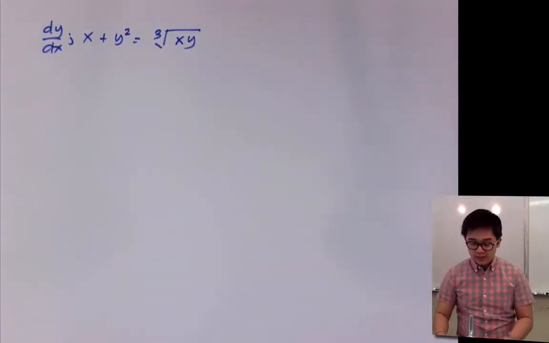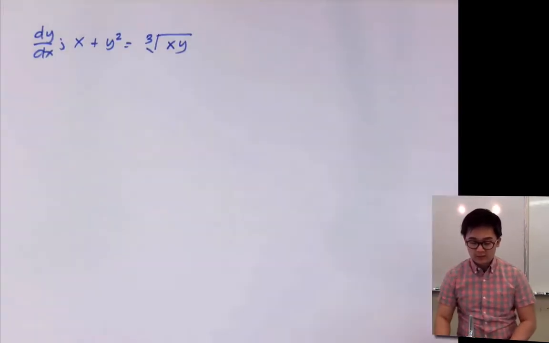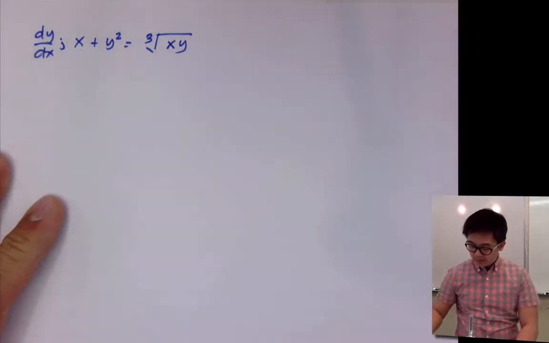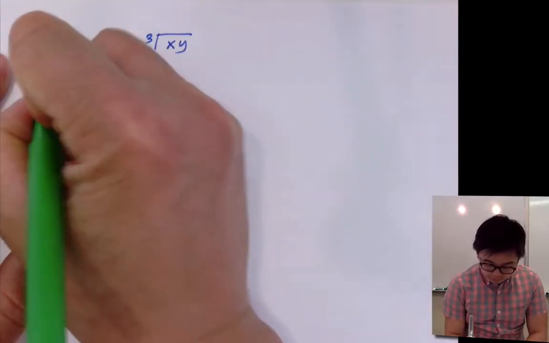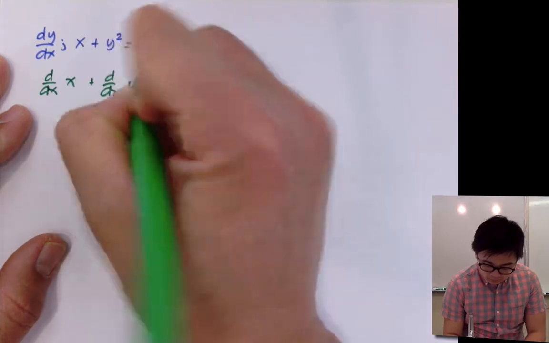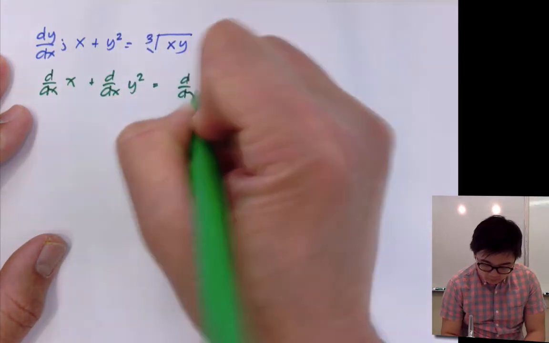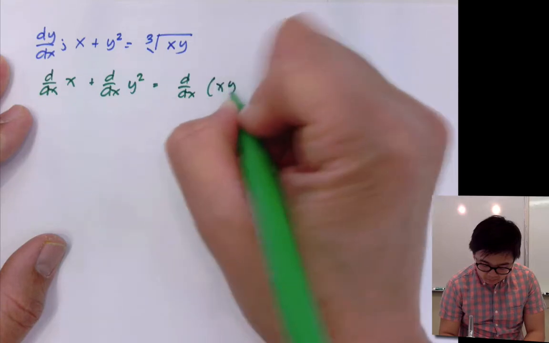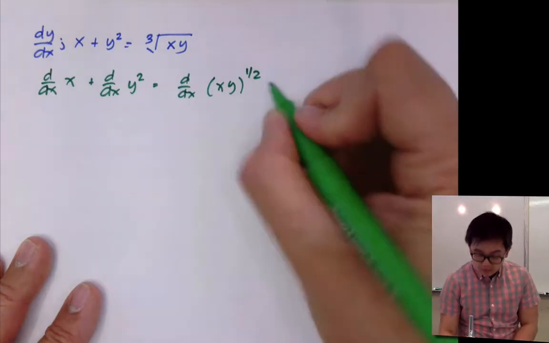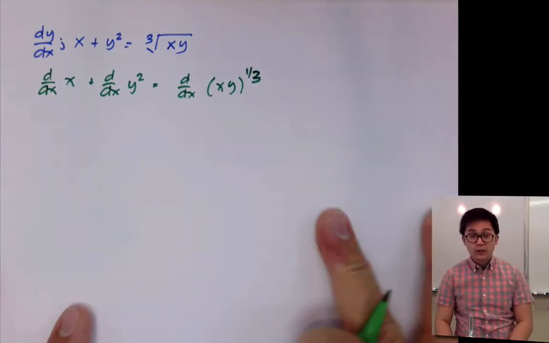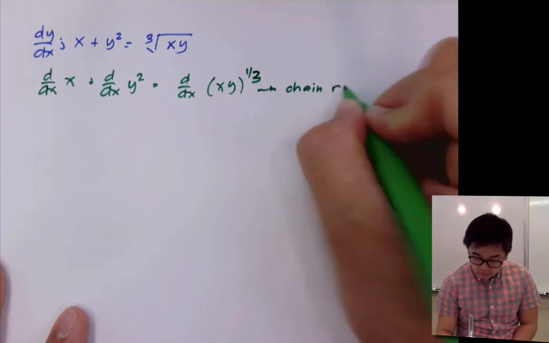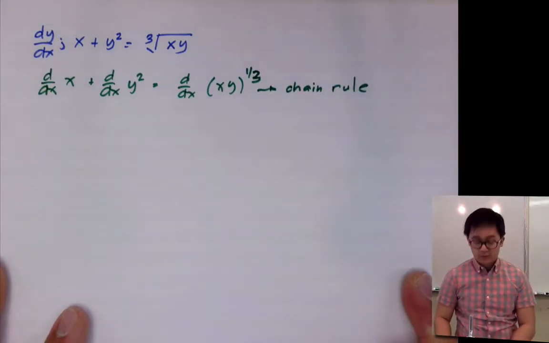Now for our third example, let's take the derivative of x plus y squared equal to the cube root of xy. So taking the derivative of each term, notice that I changed my cube root into 1/3, so that I could apply the chain rule later on in taking the derivative of this term.